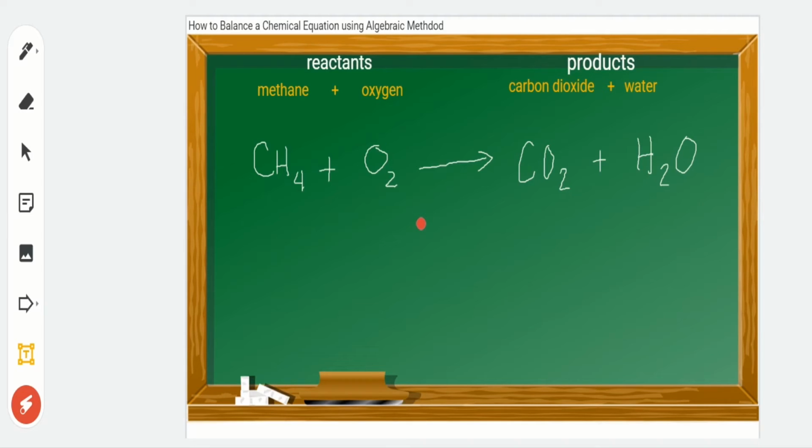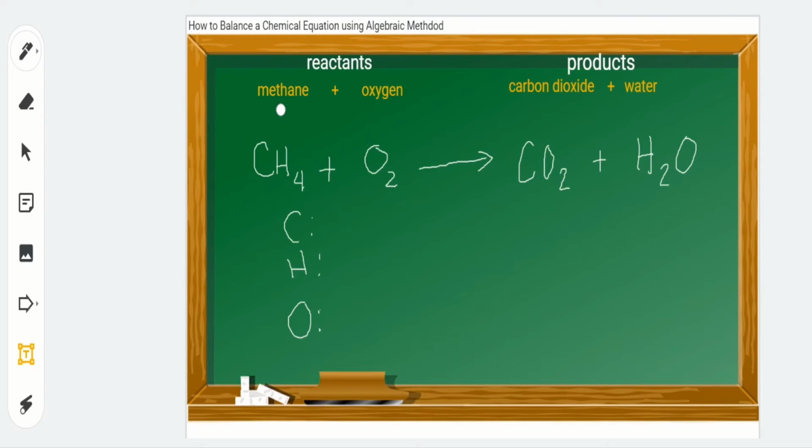Okay, so gamit ang algebraic method, ang una nating gagawin is to write all the elements. So, we can have here C, and we can have here hydrogen, and of course we can have oxygen here. And of course, each molecule sa ating reactant at products will be represented by a letter.